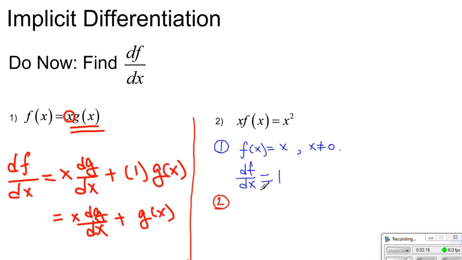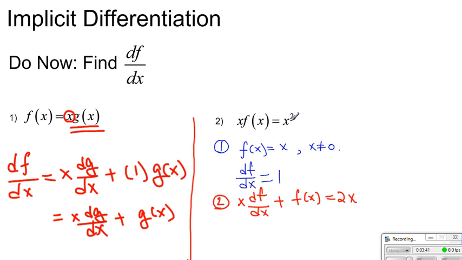So what if we use the product rule to get the answer? Hopefully we'll see if this gets us the same answer as before. First we'll be using the product rule here. We will have x times df over dx plus f of x. Now that's equal to 2x, taking the derivative of the second part.